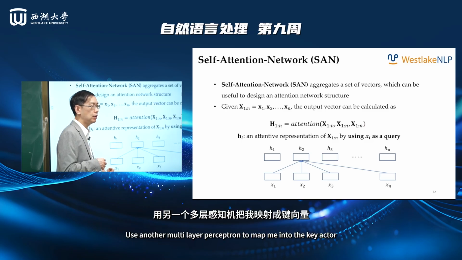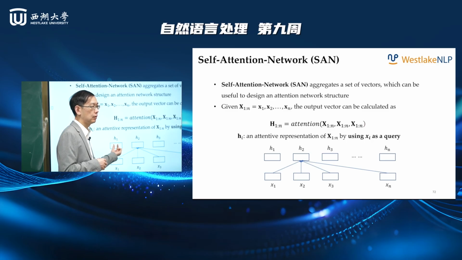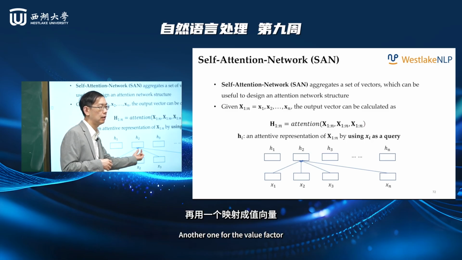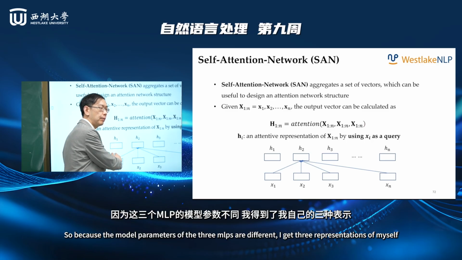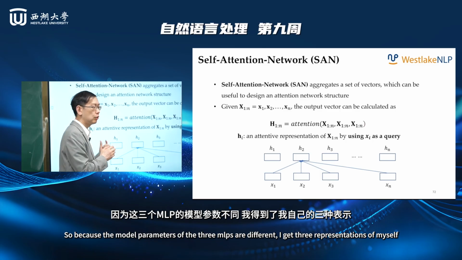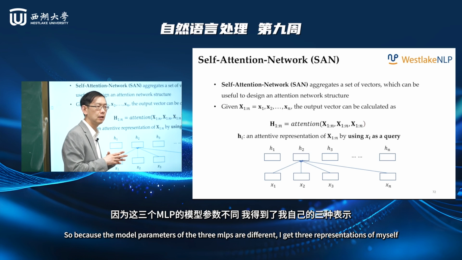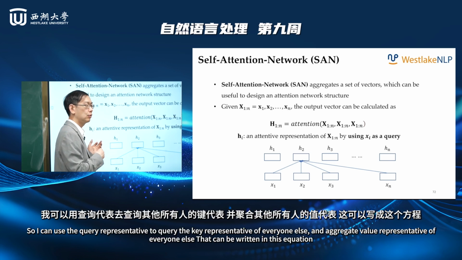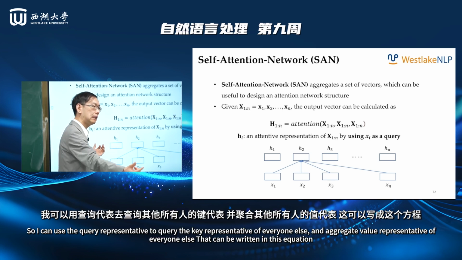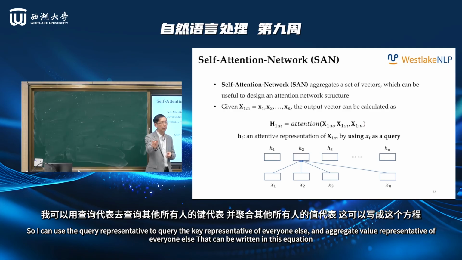Use another multi-layer perceptron to map me into the key vector. Another one for the value vector, right? Because the model parameters of the 3 MLPs are different, I get 3 representations of myself. So I can use the query representative to query the key representative of everyone else and aggregate the value representative of everyone else.